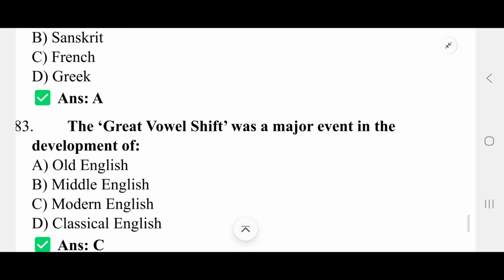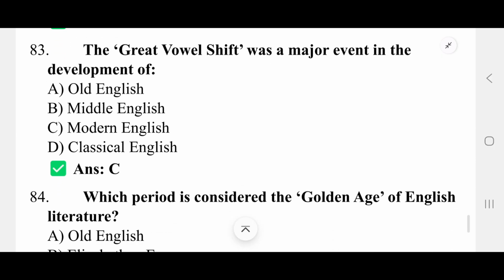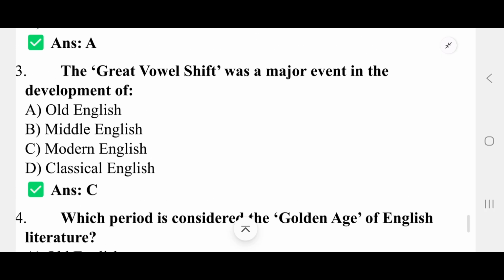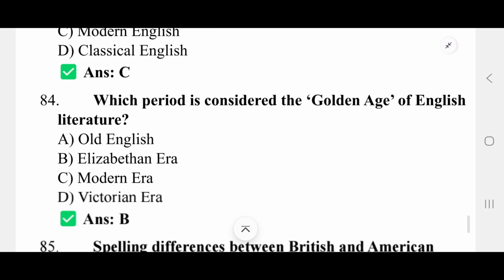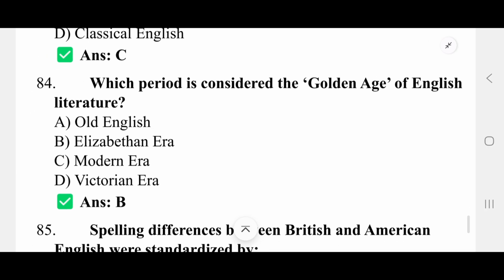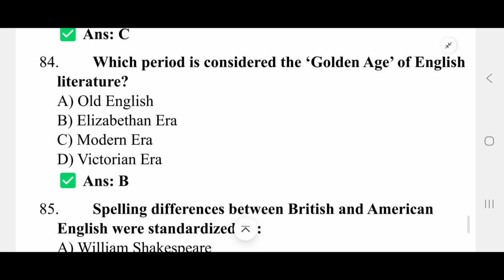The Great Vowel Shift was a major event in the development of Old English, Middle English, Modern English, Classical English. So option C ആണ് Modern English, the Great Vowel Shift, Modern English. Which period is considered the golden age of English literature? Old English, Elizabethan era, Modern era, Victorian era.